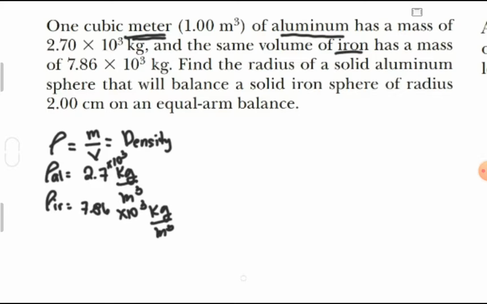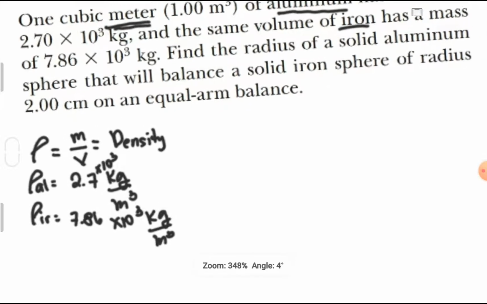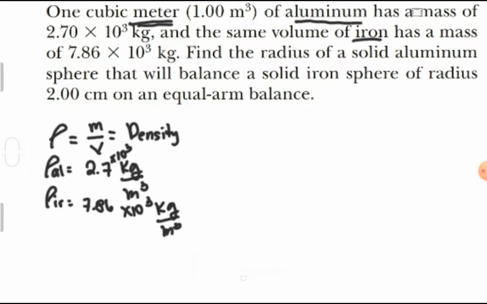So the next statement is: find the radius of a solid aluminum sphere that will balance a solid iron sphere of radius 2.0 centimeter on an equal arm balance. Take note that if we are going to balance any object, their weight should be the same. Therefore, I may conclude that the mass of my aluminum must be equal to the mass of my iron at the volume equal to the radius equal to 2 centimeter.